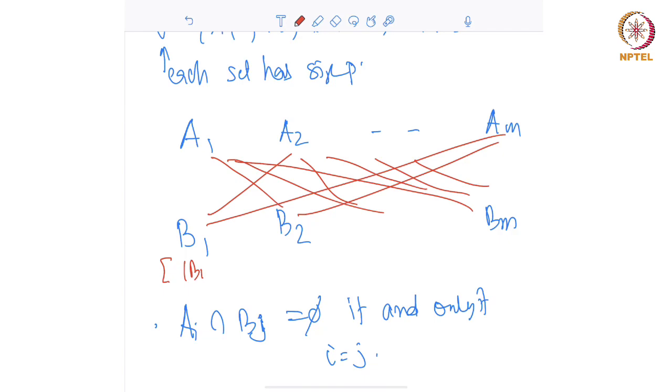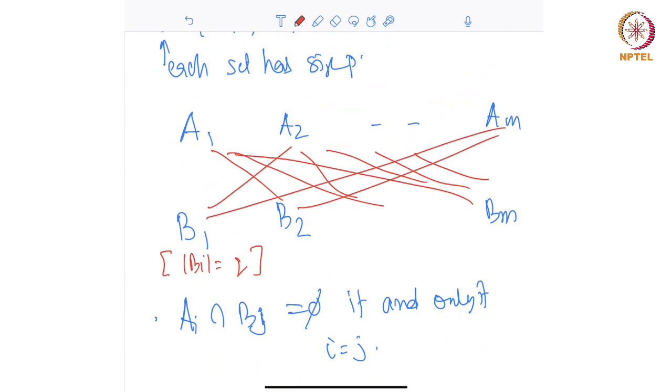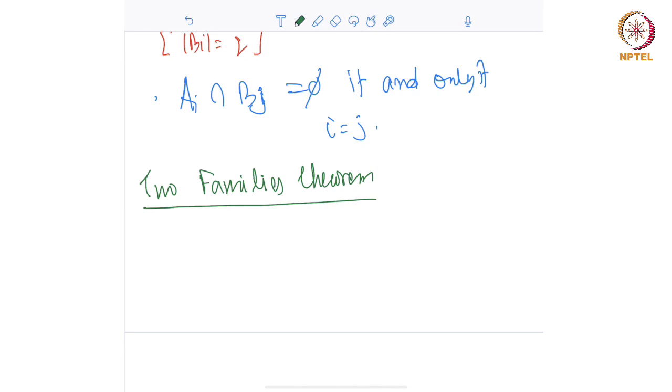That each of the Bi's has size some q. So this is what is called the two families theorem.